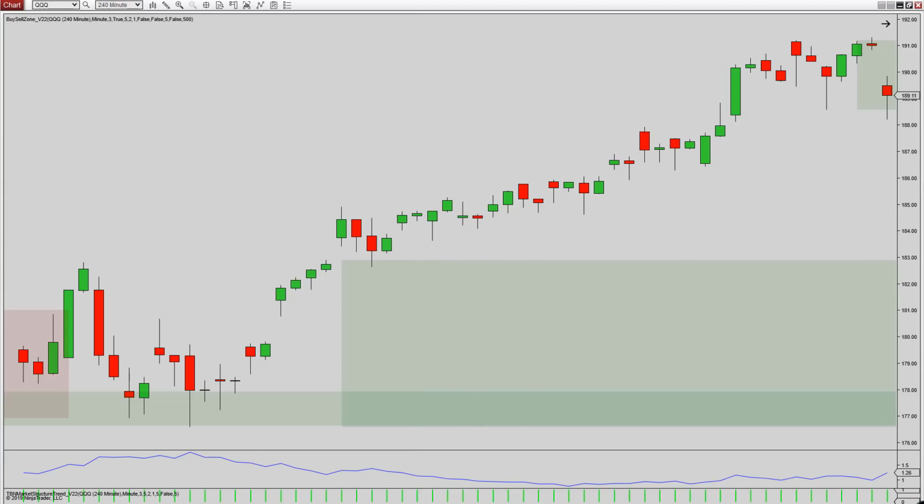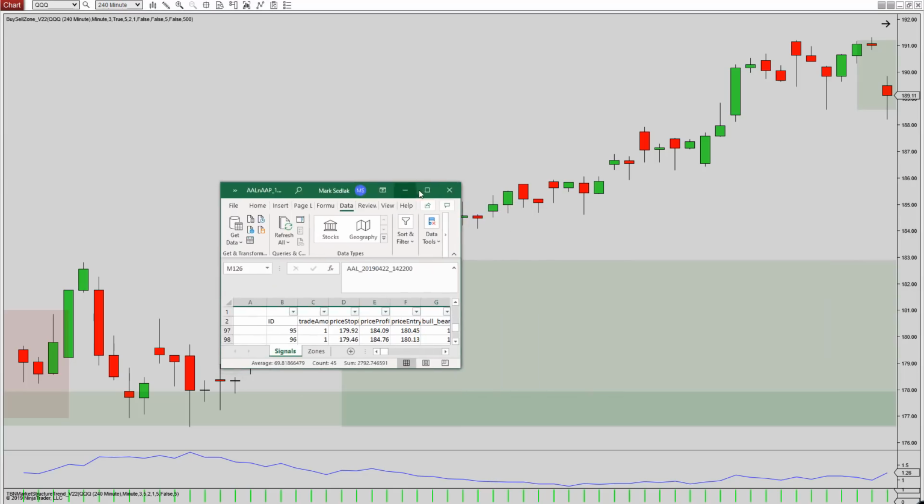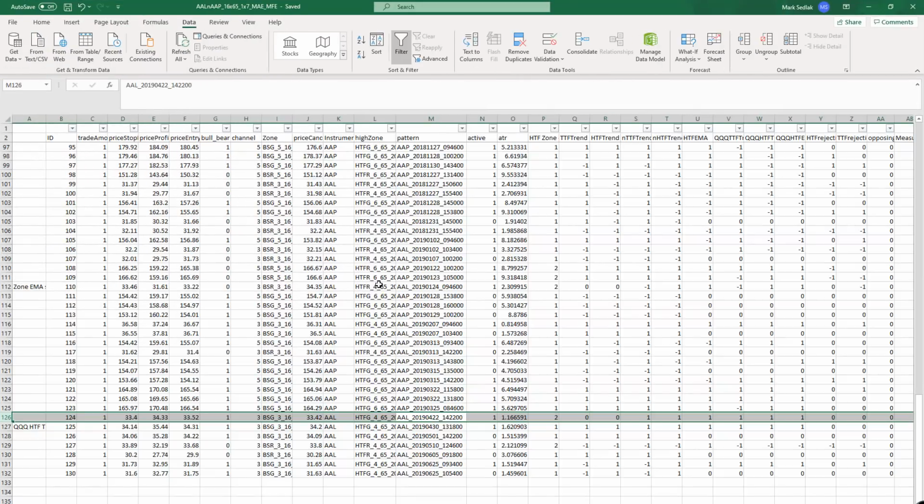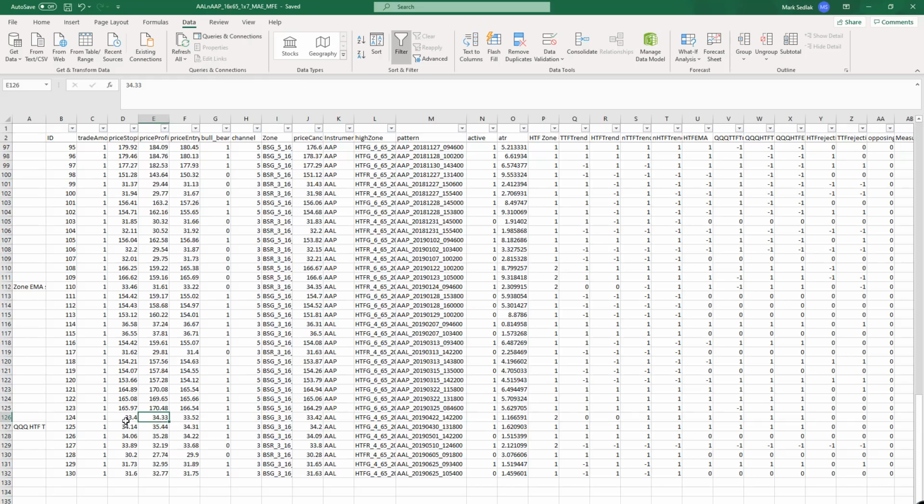Let me show you guys just a very, very quick example, okay, of what this can look like. Now, this is all computer generated. I didn't have to do any of this. But what this is doing is it's going through every single zone, and it's telling me the zone, and it's telling me the entry, the target, the stop, whether it was bullish or bearish.